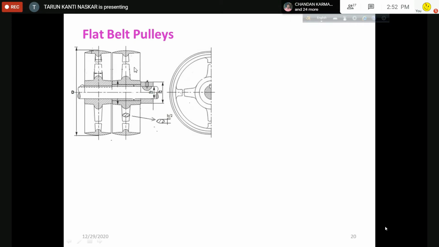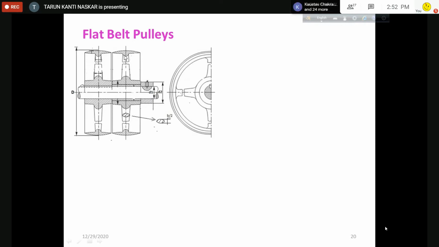These are the arms, and arms are normally of elliptical cross section. On the boss side, the dimension is higher for obvious reasons, because the arms are considered as cantilever beam, and the boss side is the fixed end, and on that side this is the open end.